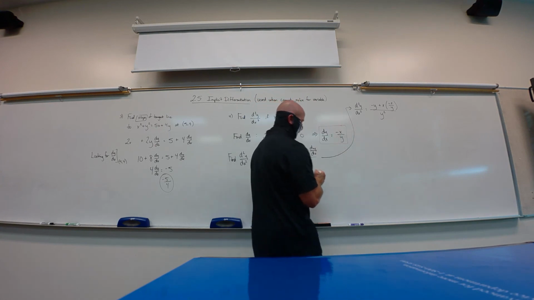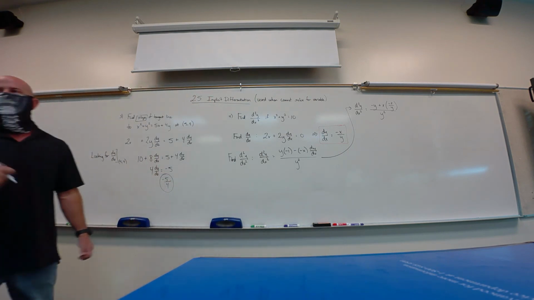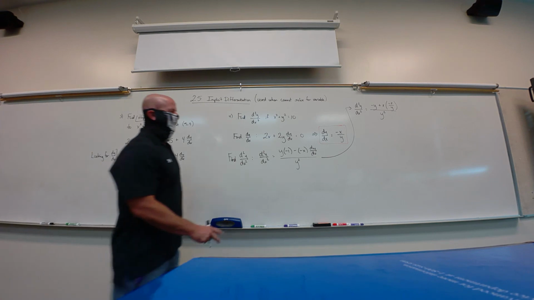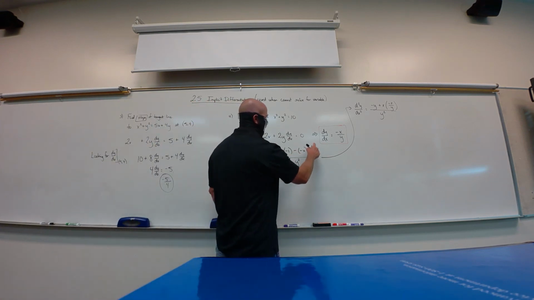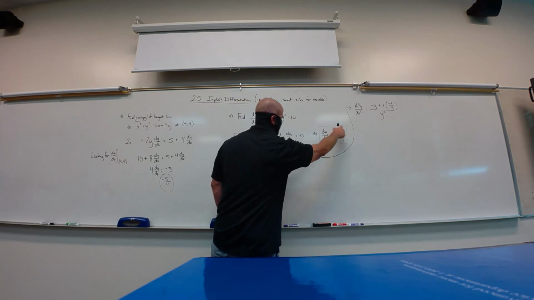I knew dy dx was -x over y, and so that's going in for dy dx. Again, a little confusing because you've got a lot going on. But you see this dy dx right here. You took that derivative using the quotient rule. I'm just putting that part back in.